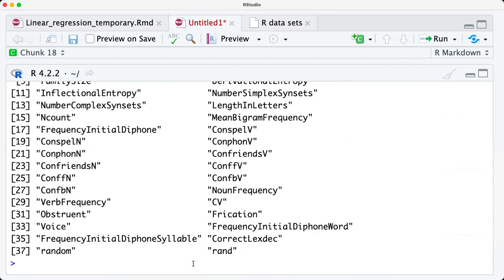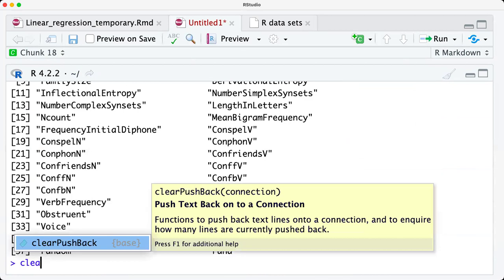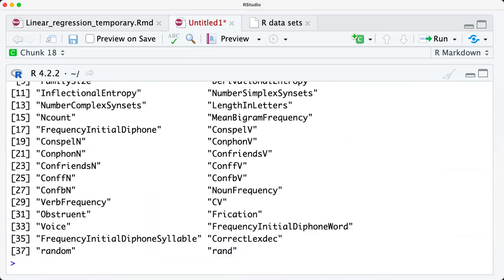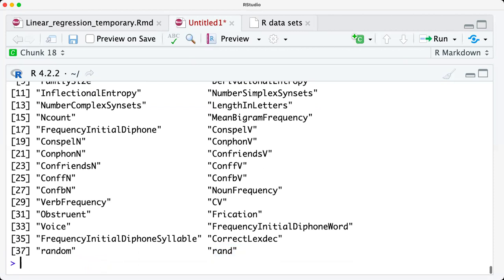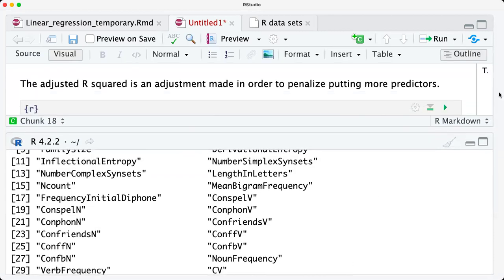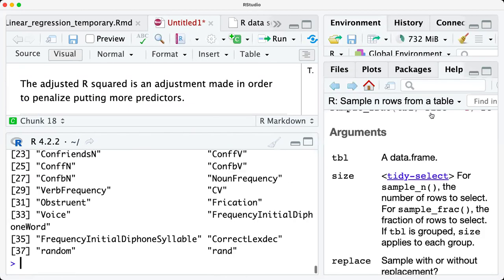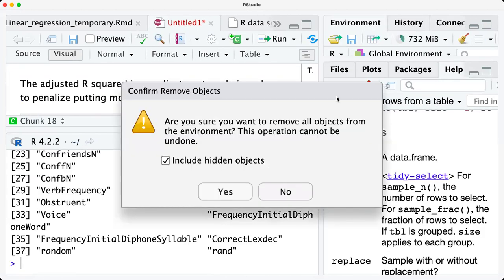I don't know how to do it actually. So maybe clear. No, clear pushback. Maybe I have to download it again, download the package again. Maybe I can clean.